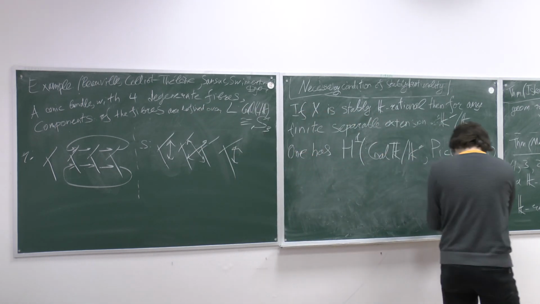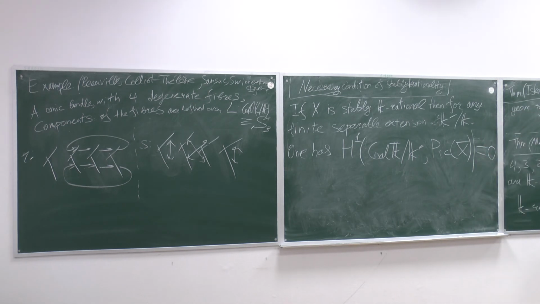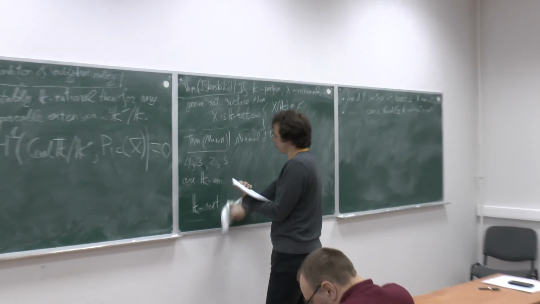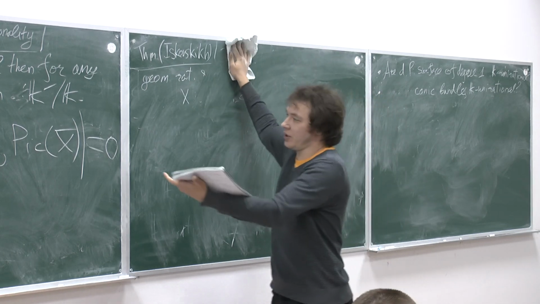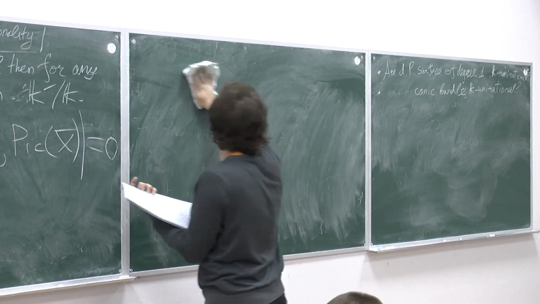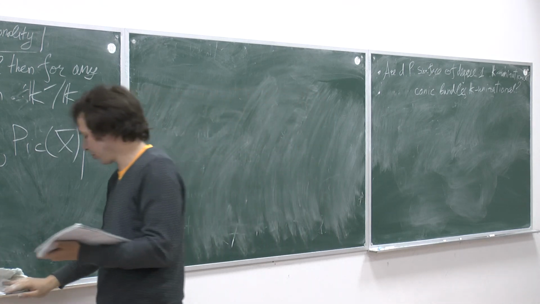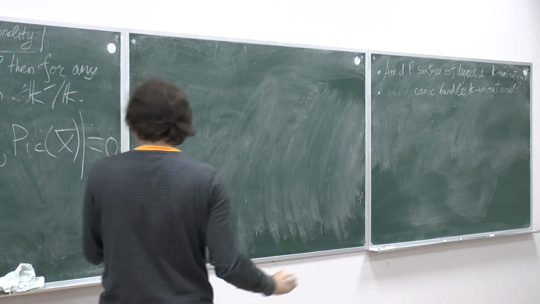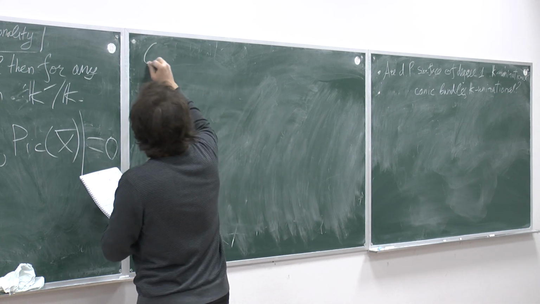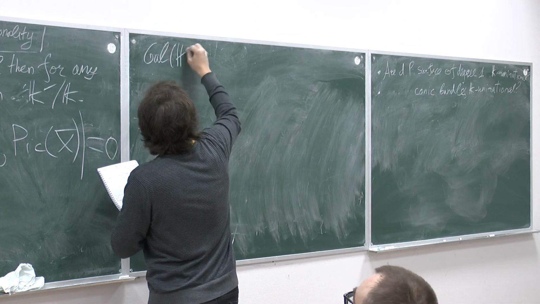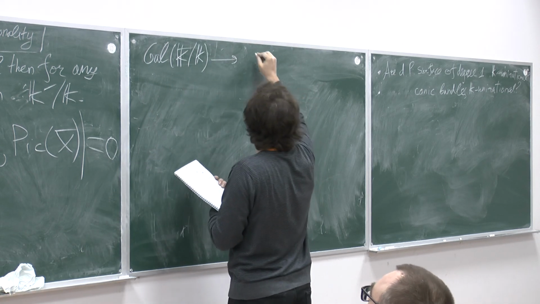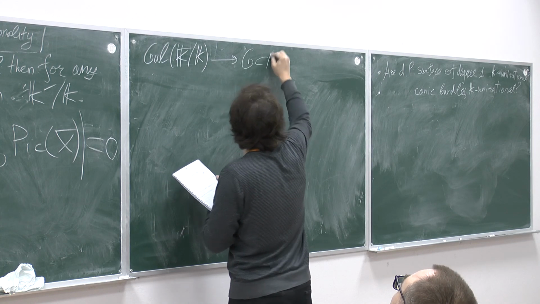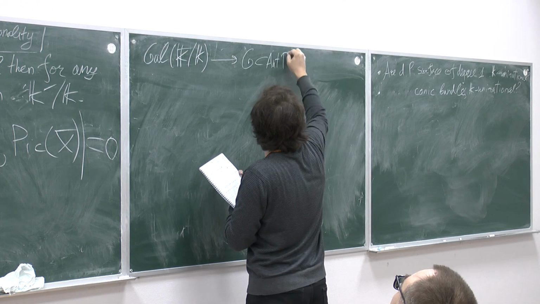Well, what is the method and how to find this group? We see that the absolute Galois group acts on our surface over the algebraic closure, and then particularly it maps to the group G of automorphisms of the Picard lattice.